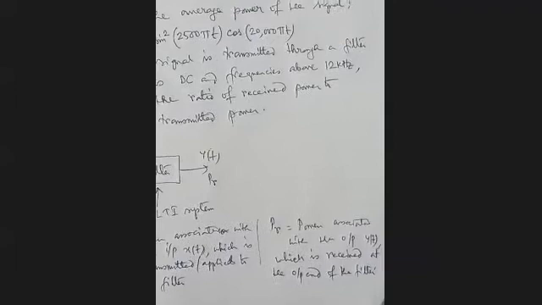PR is the power associated with the output yt, which is received at the output end of the filter.